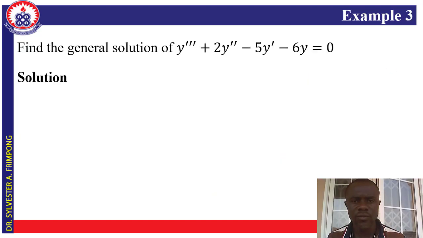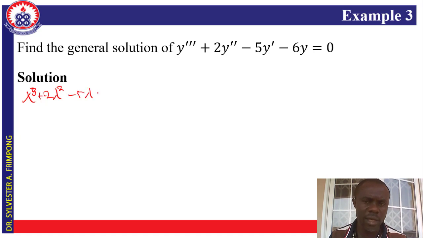Find the general solution of y triple prime plus 2y double prime minus 5y prime minus 6y equal to 0. So this is a homogeneous equation, and the characteristic equation is lambda cubed plus 2 lambda squared minus 5 lambda minus 6 equal to 0.